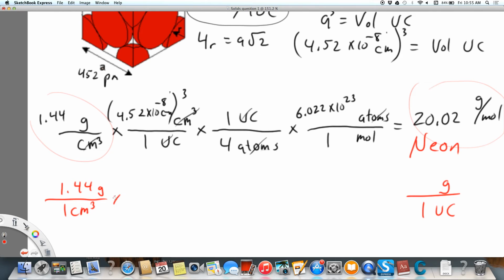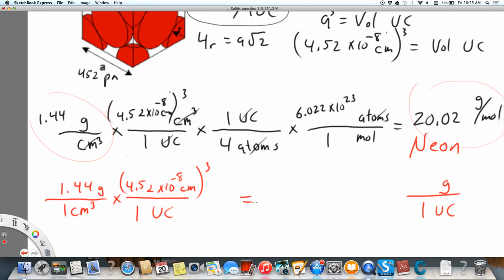If I multiply by the volume of the unit cell, which is right here, 1 unit cell is 4.52 times 10 to the minus 8 centimeters, and we cube that whole thing.